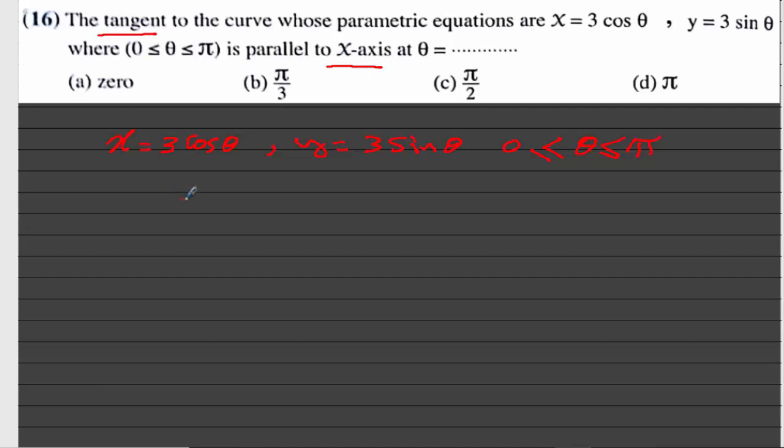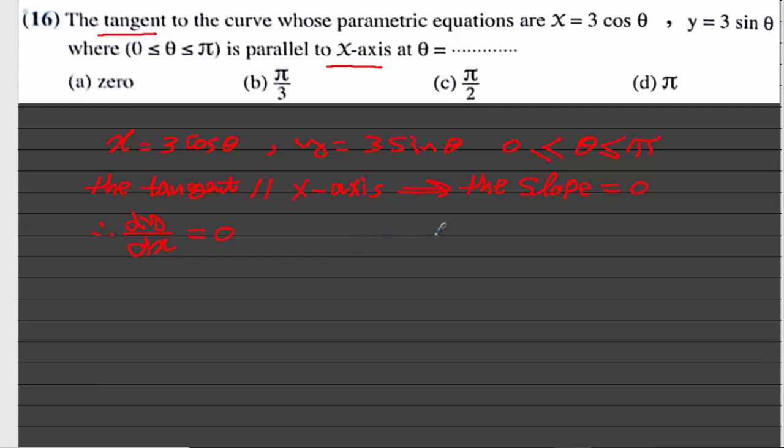So you can say, since the tangent is parallel to the x-axis, then its slope equals 0. So the slope of the tangent equals 0. What does that mean? That means dy/dx equals 0.